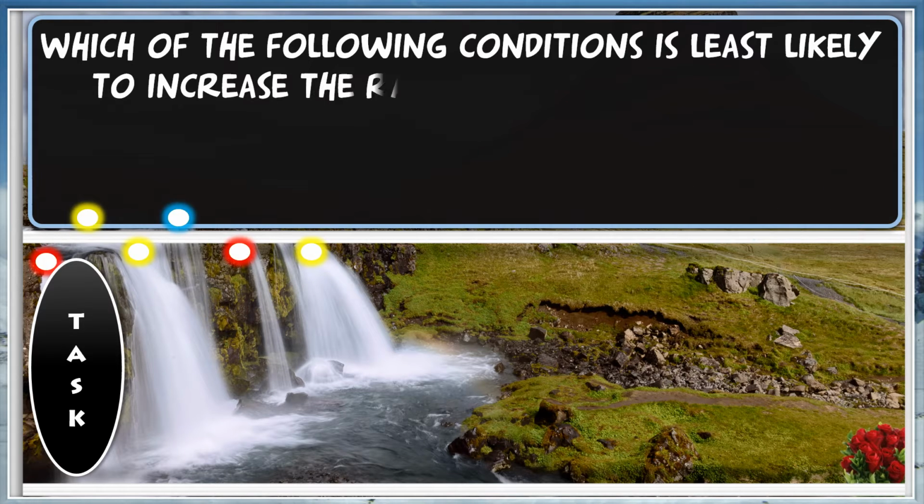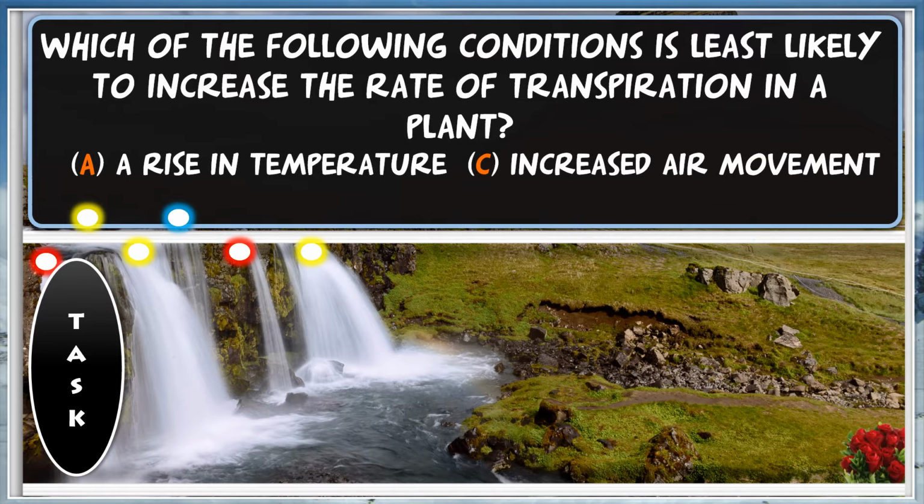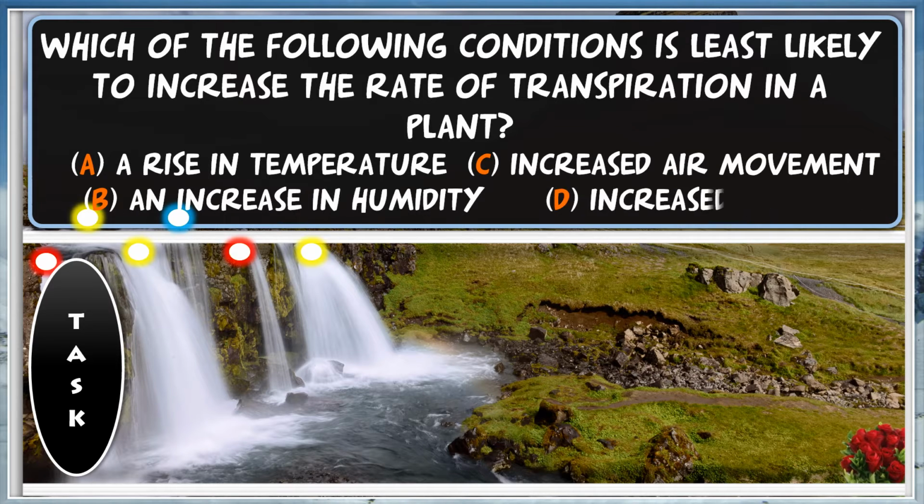Which of the following conditions is least likely to increase the rate of transpiration in a plant? Part A, a rise in temperature. Part B, an increase in humidity. Part C, increased air movement.